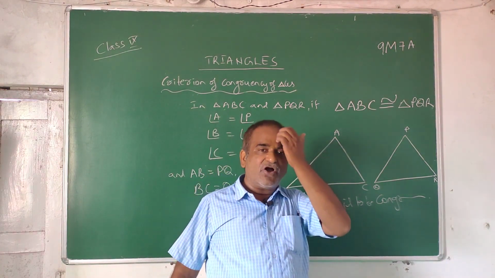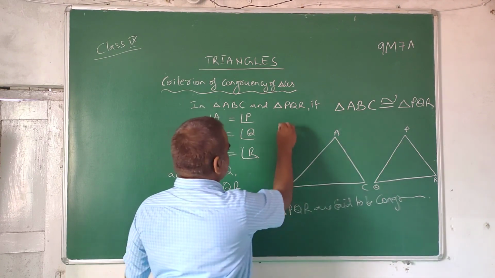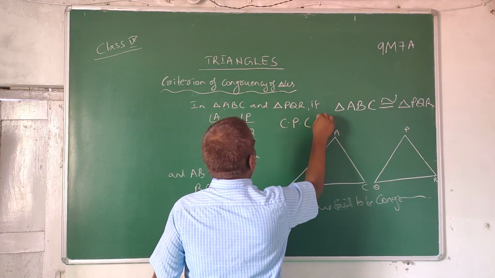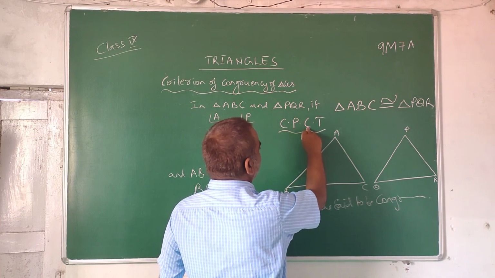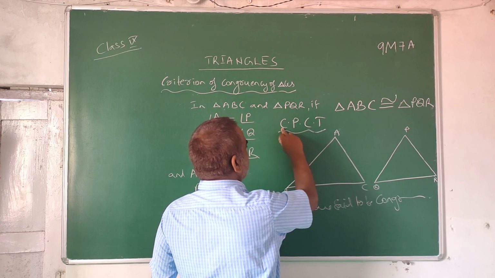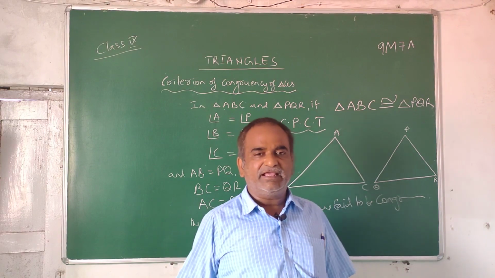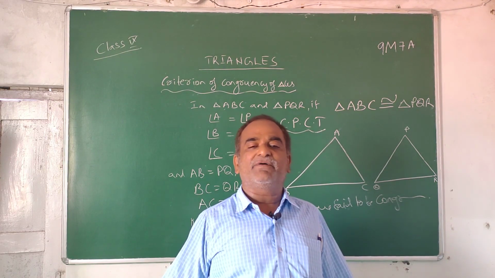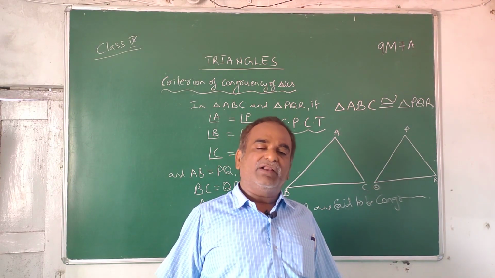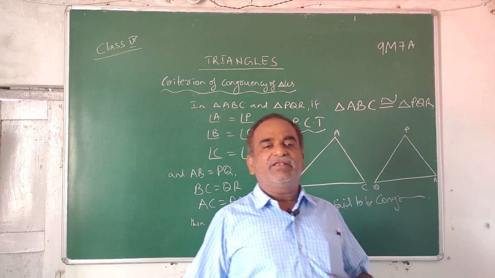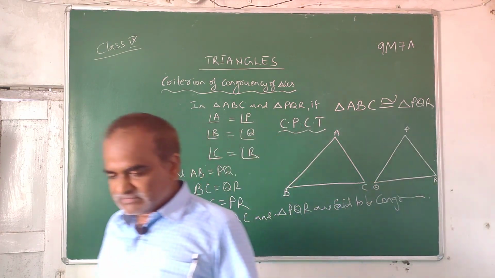Corresponding parts of two congruent triangles are always equal. So we use the abbreviation CPCT, which stands for corresponding parts of congruent triangles. We use CPCT whenever we are equating the corresponding parts of two triangles, if it is known that the two triangles are congruent. Understood?